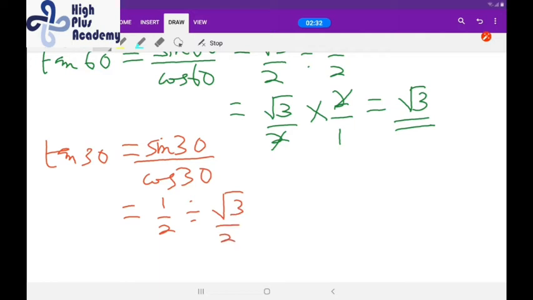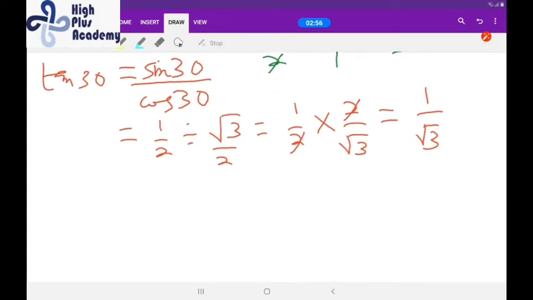If you look at this very well again, this becomes half times 2 over root 3, such that 2 takes care of 2, and that is 1 over root 3.